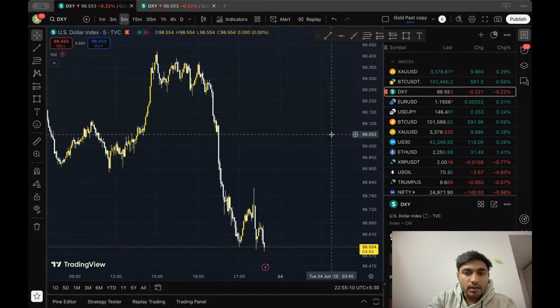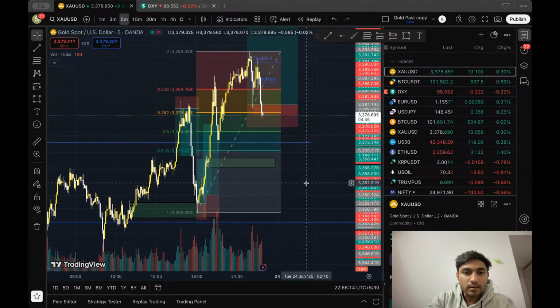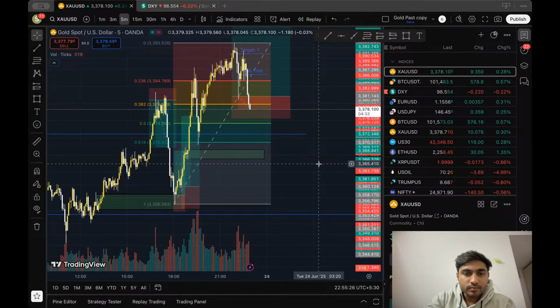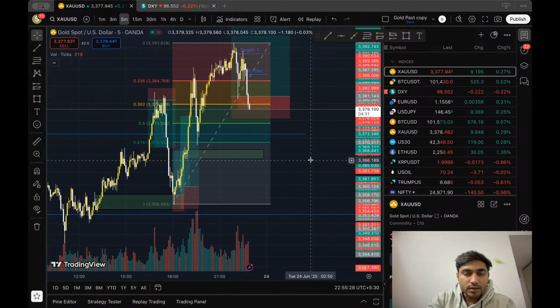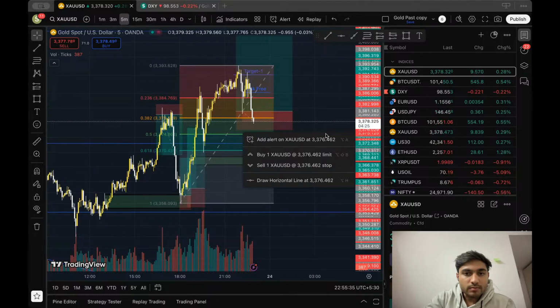It's seeking liquidity, or support. I think it will find it here. It's too close to our stop loss, 376. Let's see. Let's set an alert at this level.